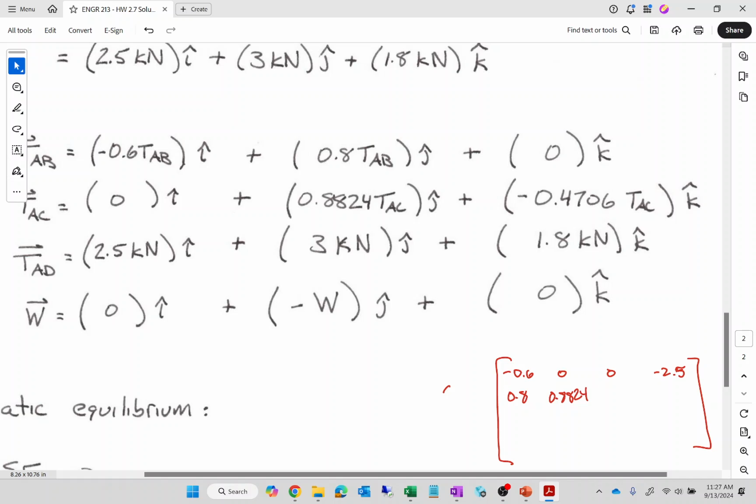I don't think it's going to be really valuable. So you could say negative 1 if w is your unknown, and then negative 3. And then here you can say 0, negative 0.4706, 0, negative 1.8. But again, there's just a ton of zeros.